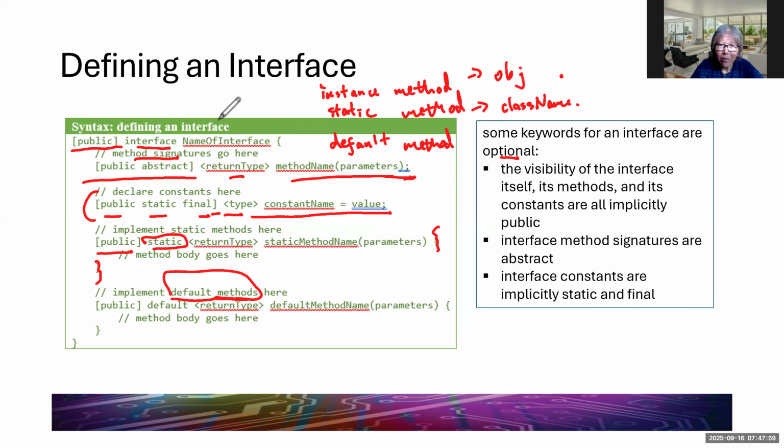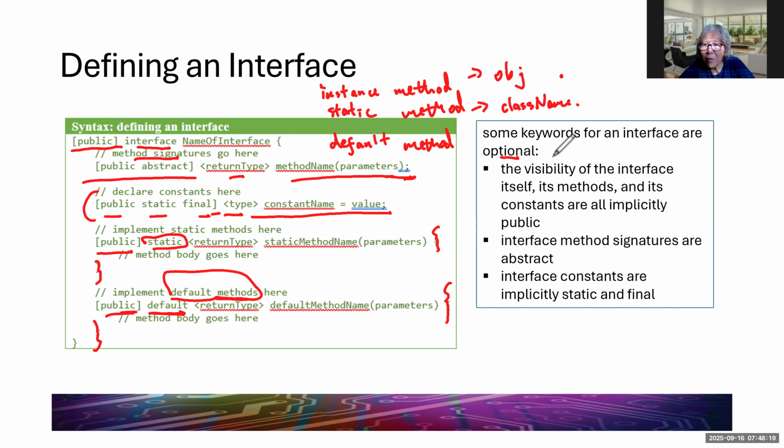Okay, so it can be defined in an interface. So you need to have the keyword default, okay? And the public visibility is also optional. And it must be implemented. Okay, keep that in mind.